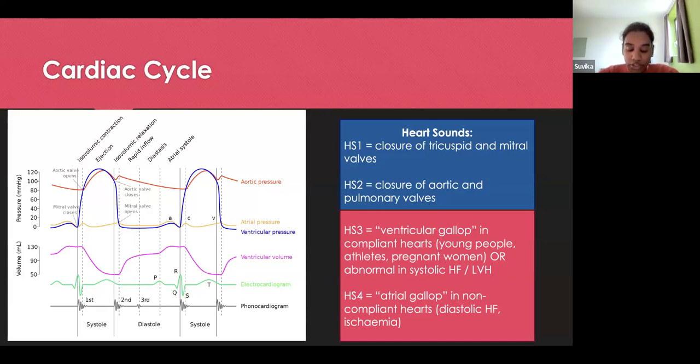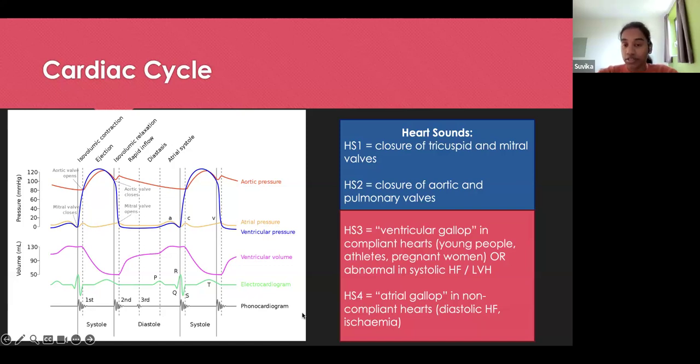You can press the picture to make it bigger if it's hard to see. Okay, for the sake of time, I will carry on.